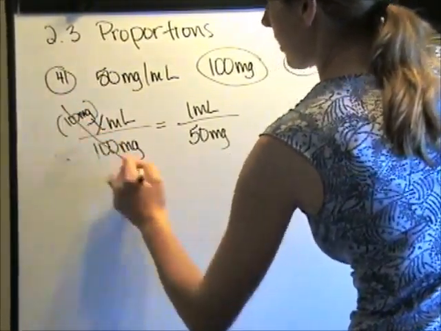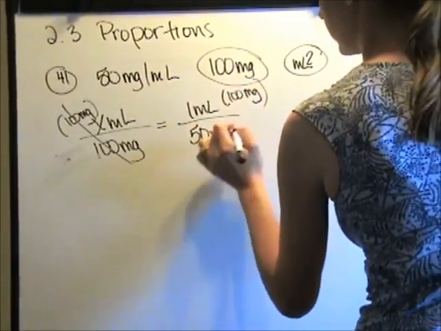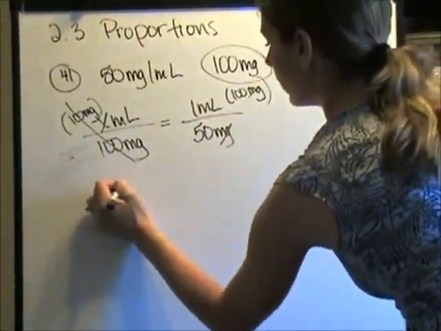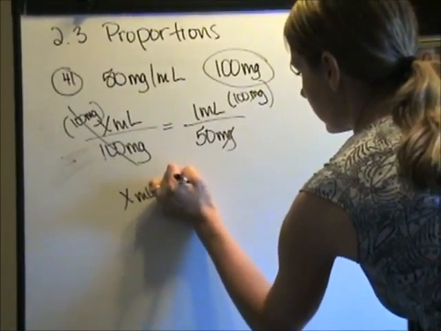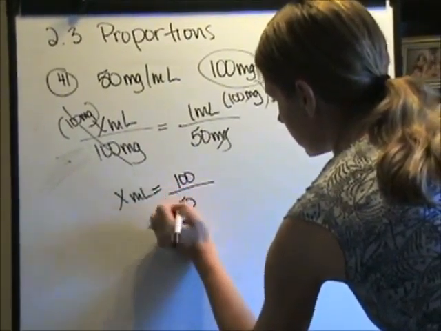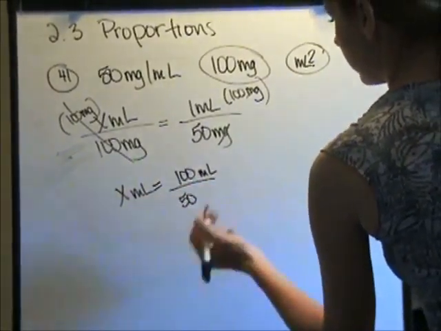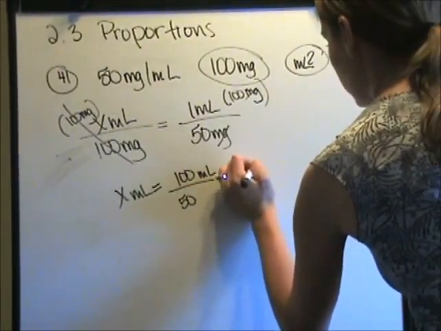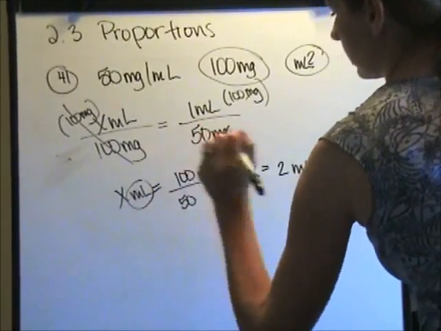To cancel those out, same thing over here. Milligrams are going to cancel out. Isolate our variable and rewrite the equation. You don't have to rewrite the equation. I'm just doing that to simplify for you guys to make it easier to see. 100 divided by 50 is 2. So x equals 2, and again, we're solving for milliliters.